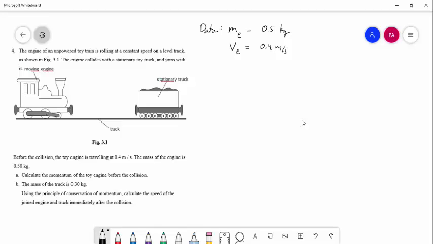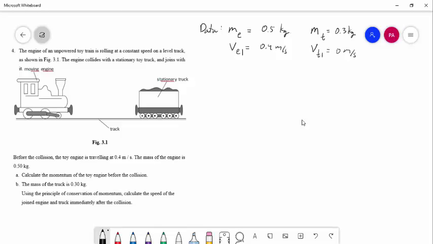Stationary truck means the velocity is 0. The mass of the truck is 0.3 kilograms and the velocity of the truck is 0 meters per second. This is the velocity before collision.